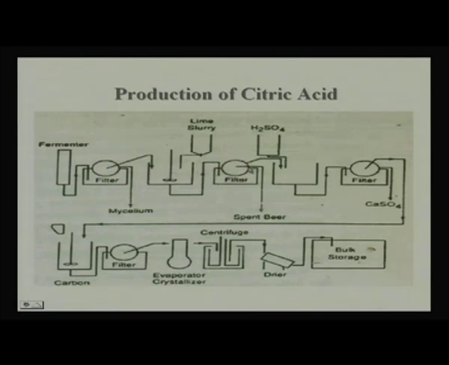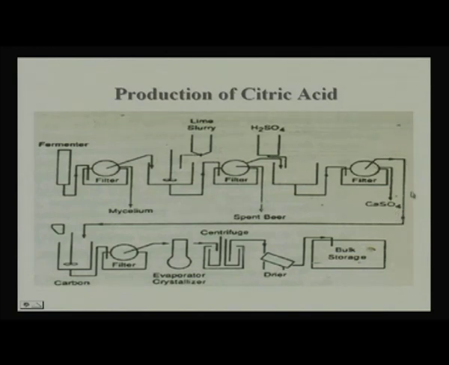Now, as soon as the filtration is over, the spent beer is removed, and to this filtrate we add H2SO4. Now, acid is added, and once again it undergoes filtration, and we get calcium sulfate.